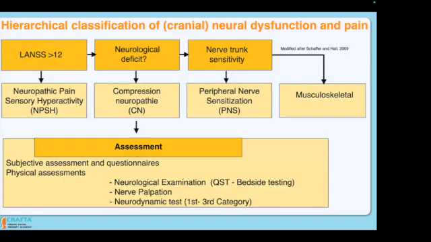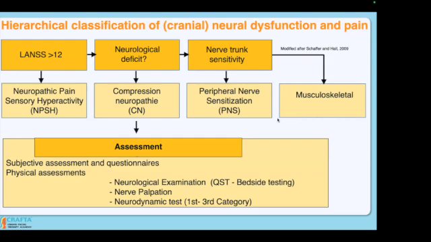So already a little bit of a summary of tonight. We can see here an overview of the MPSH on the left side, which we can test with the Lang score. It has to be above 12. Is there a neurological defect? So we do our neurological examination there. Is there a compression neuropathy? And the third one, the PNS, is the peripheral nerve sensitivity. Is there a peripheral nerve sensitization there?